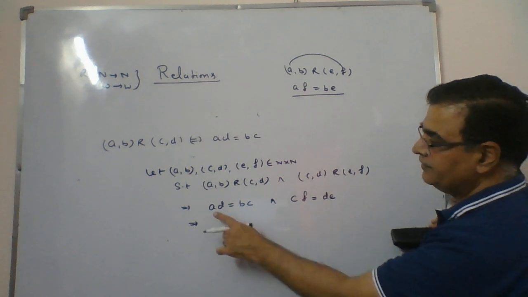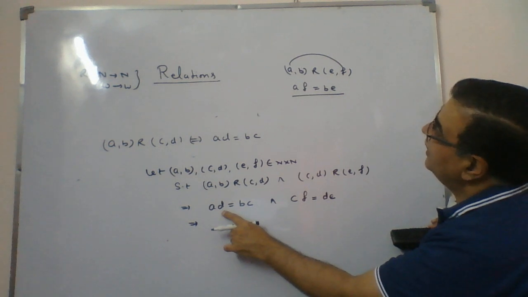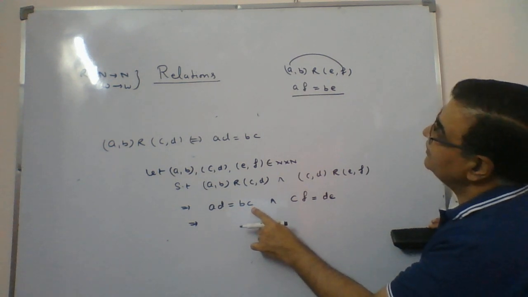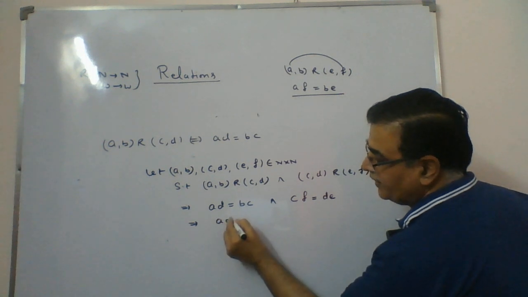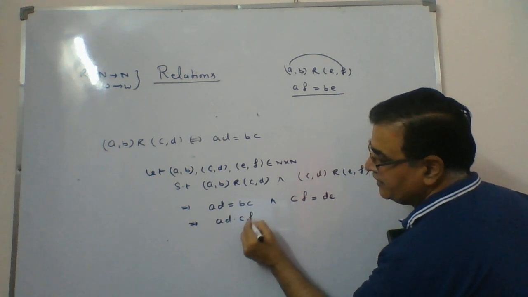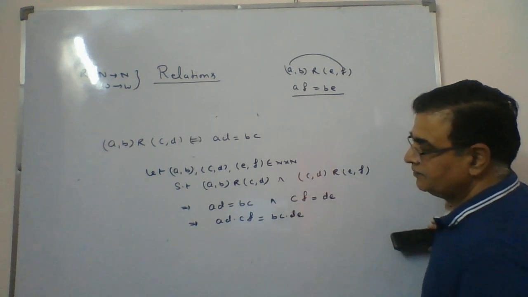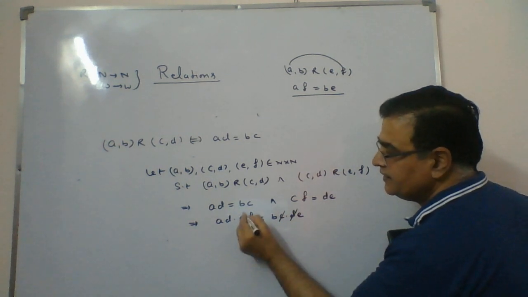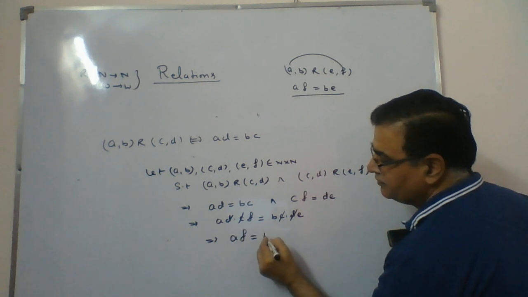A is needed, d is not needed, c is not needed. So in this case, first we multiply these two. So I got ad into cf comes out to be bc into de. When you solve it, this cd gets cancelled out. What does it mean? It comes af comes out to be be.